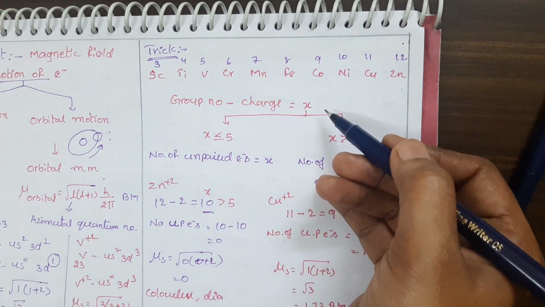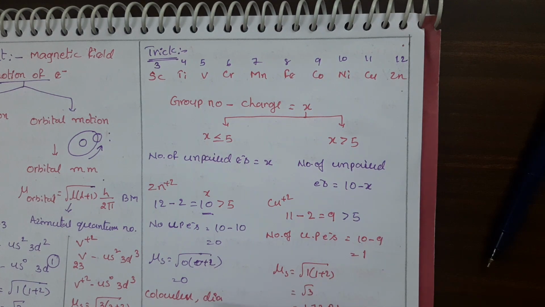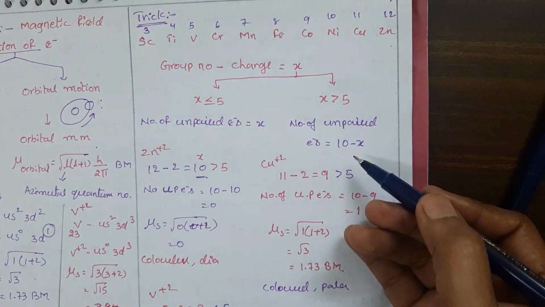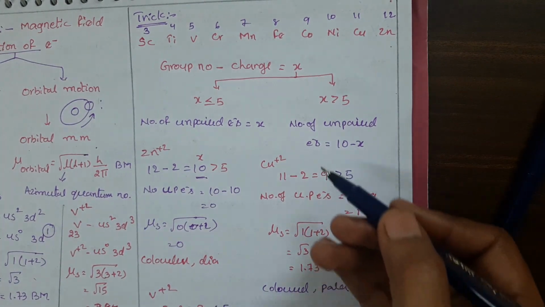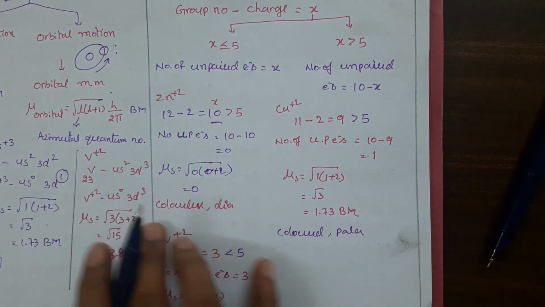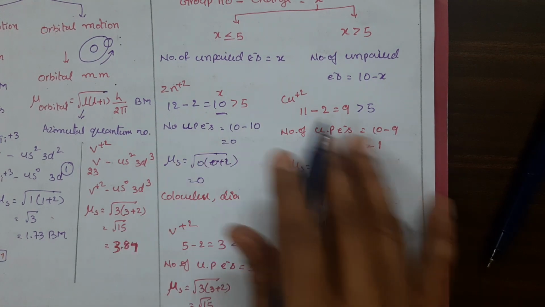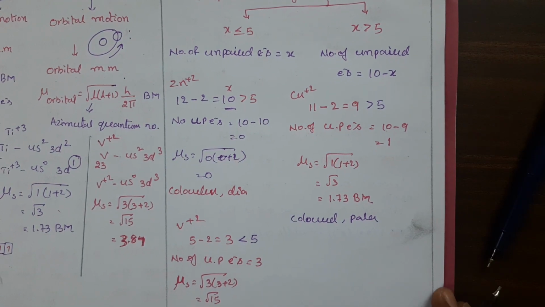We get the x value. If the x value is less than 5, the number of unpaired electrons equals x, and if it is greater than 5, you get the unpaired electrons by doing 10 minus x. Substitute that n value in the formula mu s equals square root of n into n plus 2. Then you can easily get the magnetic moment value.